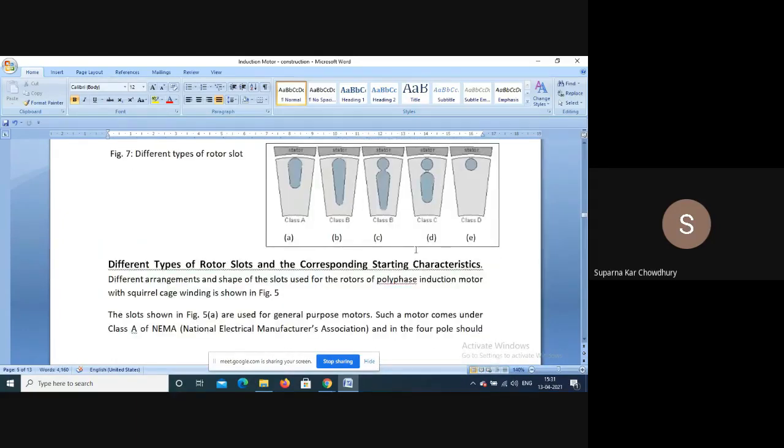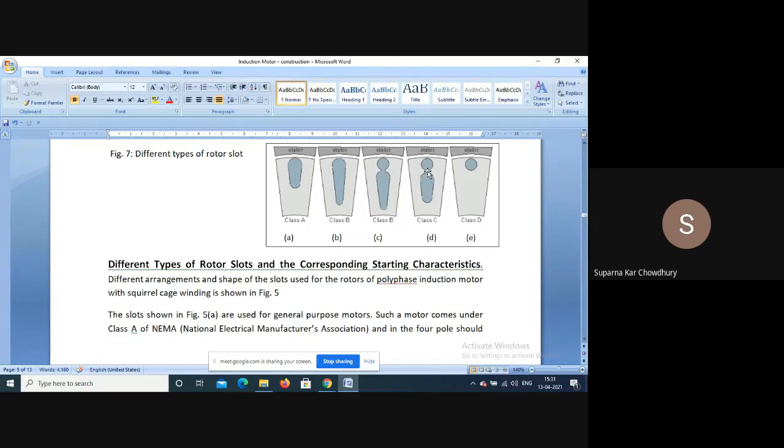Now depending on that, NEMA, the National Electrical Manufacturers Association, defines certain classes of motor. Now this is class A, this is a normal slot. Class B is this deep bar or double squirrel cage variety, and this is class C. Class C is also just a special type of double squirrel cage.